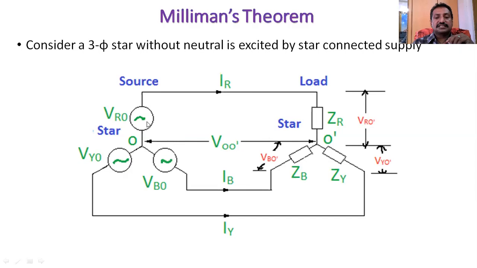In this star, the source VR is connected in series with impedance ZR, the source VB with ZB, and the source VY with ZY. So we want to reduce VR along with ZR, VY along with ZY, VB along with ZB into a single voltage source VO dash, as well as a single impedance or single admittance.